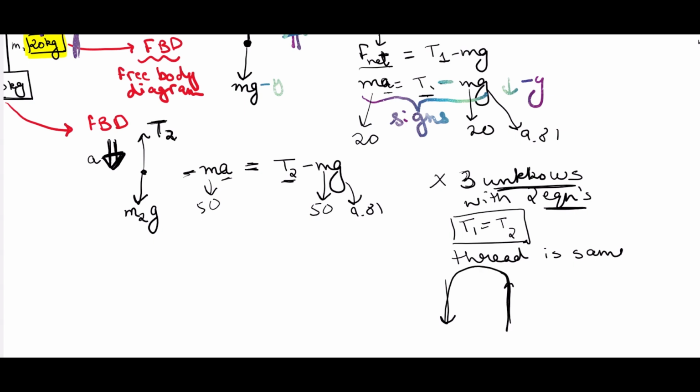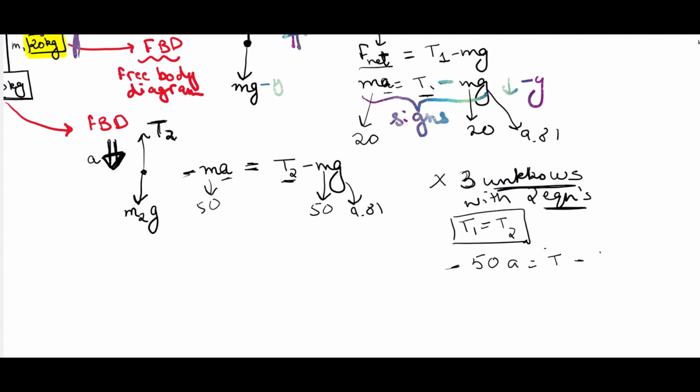Now you can imagine, no matter in this direction or this direction, if the thread is the same, it can't push anything with different force. Because if it does, for example, we look at this point of a particular thread, it is being pulled upwards with 50 Newton and downwards with 20 Newton. Obviously, the thread will break. So it has to have the same amount of force throughout. That's why I said T1 equals T2.